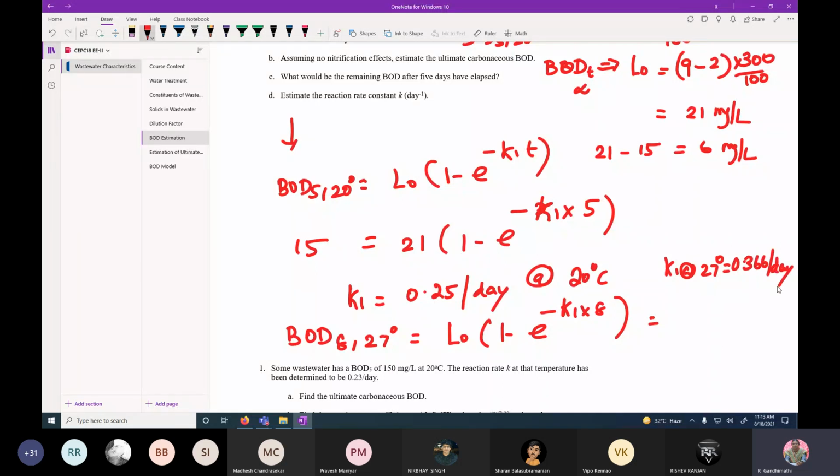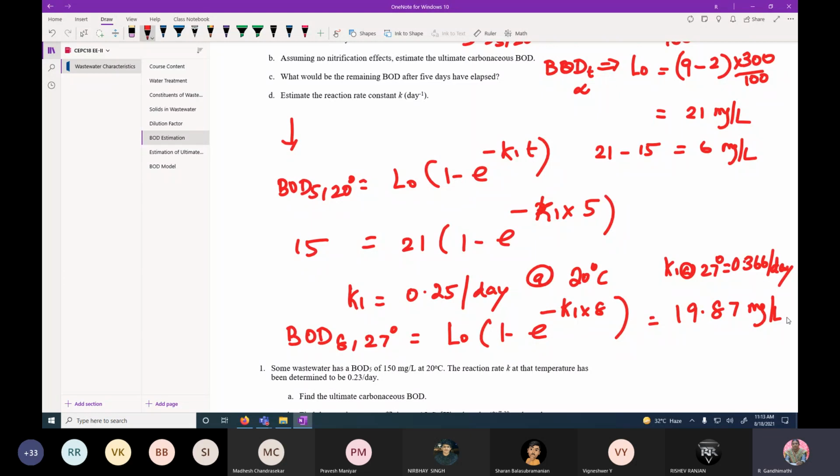Okay, what is BOD 8,27? 19.87. Can you comment about this results?